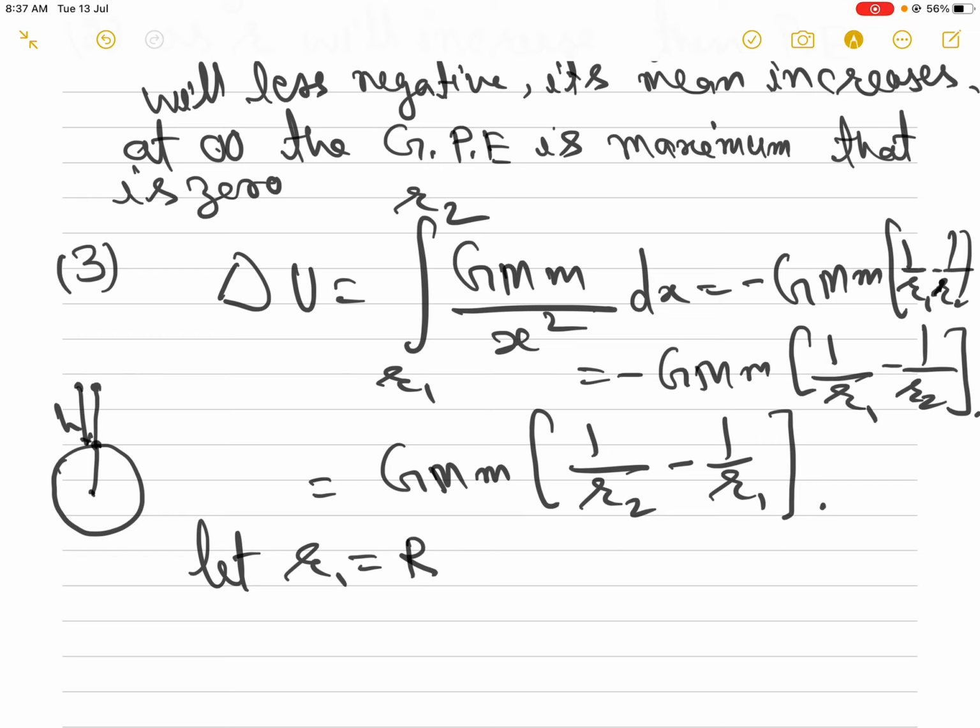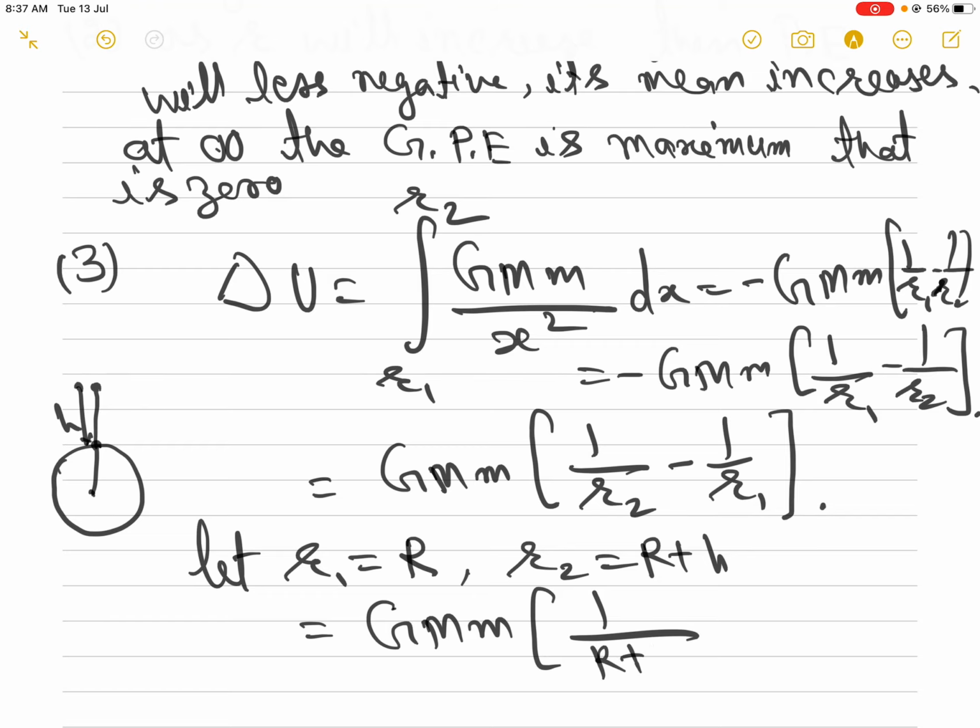So r1 is r and r2 is r plus h. Then we will get G M m into 1 upon r plus h minus 1 upon r.